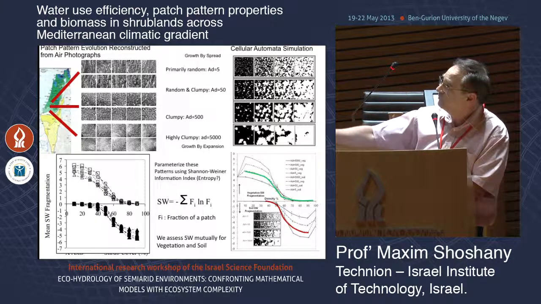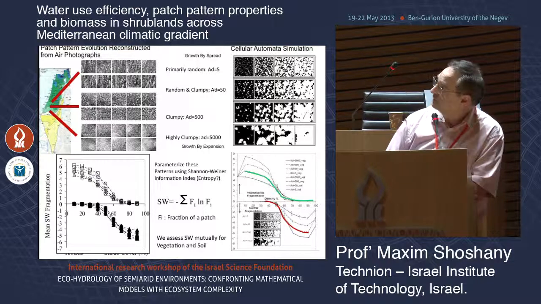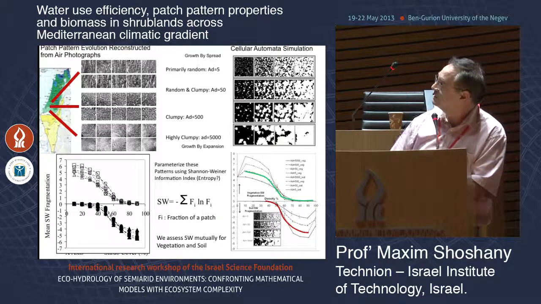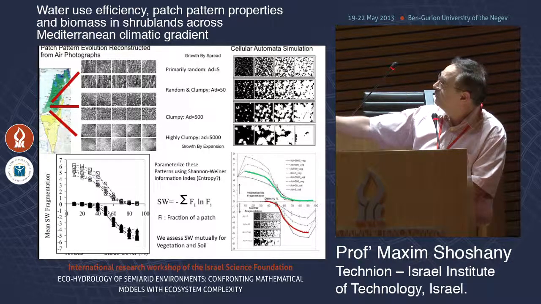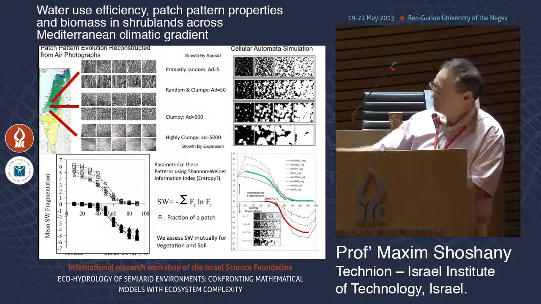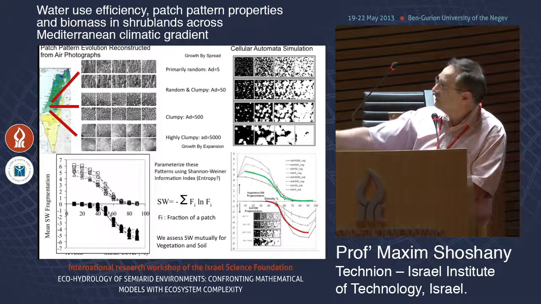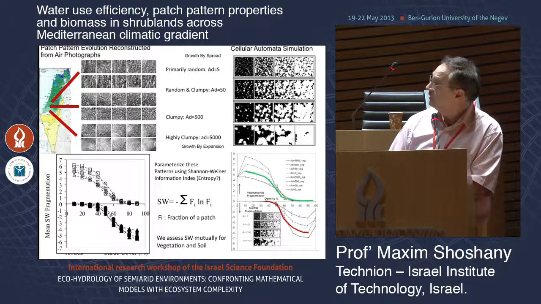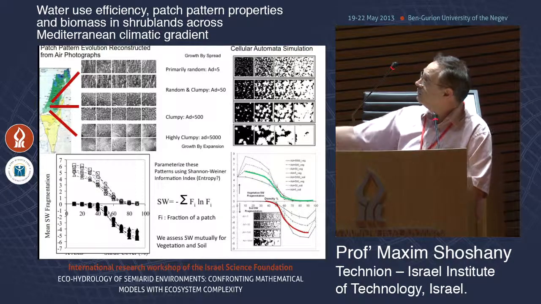Again, we have the shrub cover and the Shannon-Wiener for the vegetation and for the soil. And then we take an average here and put it here, and you can see that it fits very well the clumpy way of evolution that we find in cellular automata, and that fits also for the soil modes of change, which is also around the 500 or the clumpy mode of evolution.